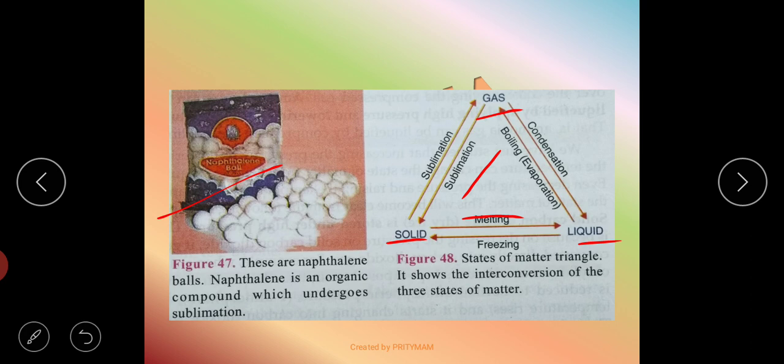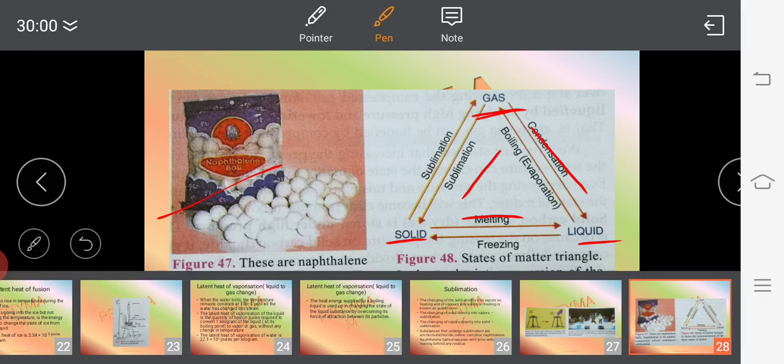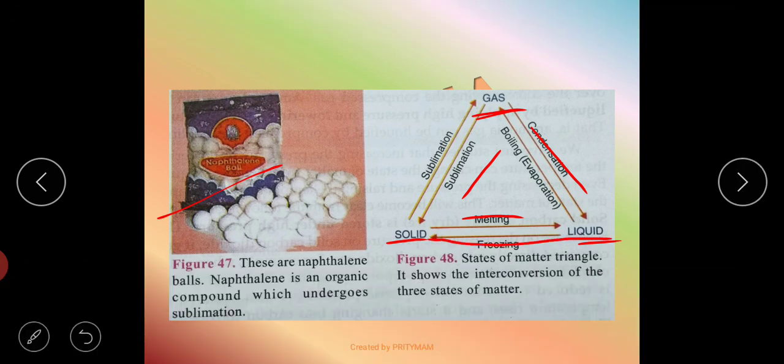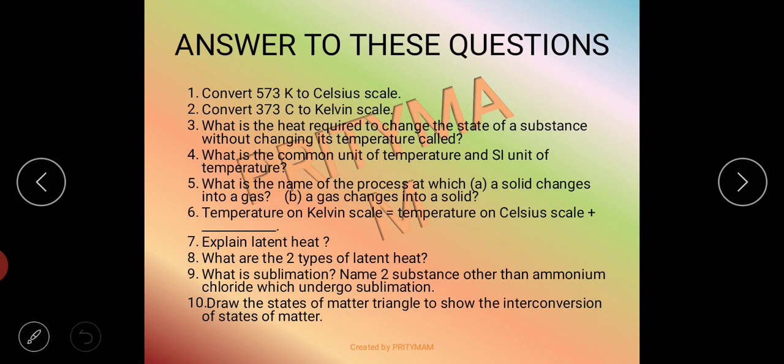So this is the triangle which you will understand. Solids on sublimation form gases, gases on condensation form liquid, and liquid on freezing forms solids. And thus we end up over here.